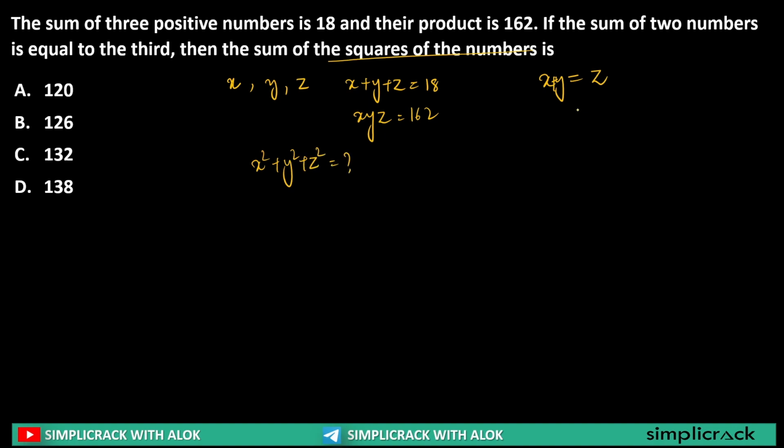Now if x plus y plus z is 18 and x plus y is equal to z, I can write 2z is equal to 18, so z is equal to 9. Yes sir, we can write it.